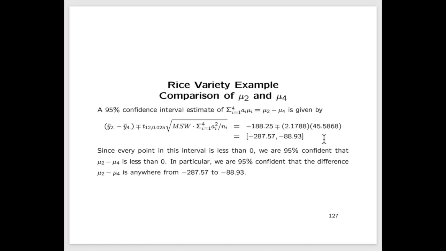And in particular, we could say that we are 95% confident that the difference mu2 minus mu4 is somewhere between negative 287.57 and negative 88.93. We can also express that by saying that we are 95% confident that mu4 is anywhere from 88.93 units up to 287.57 units larger than mu2.